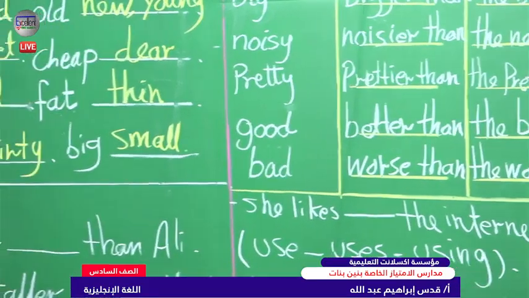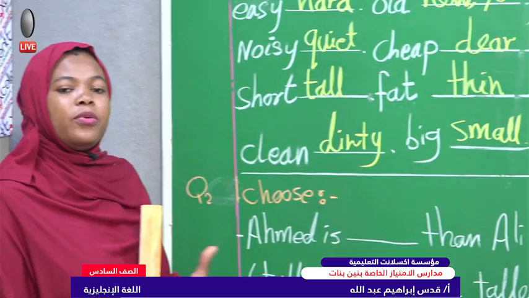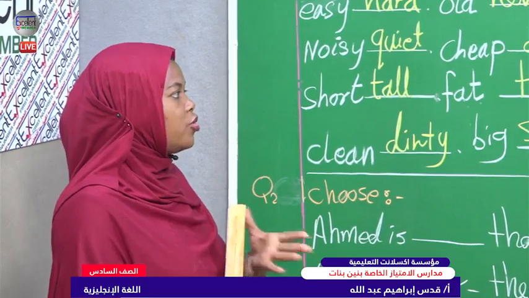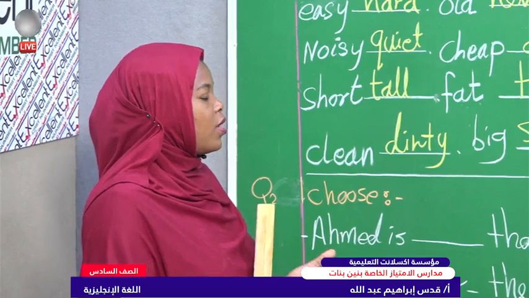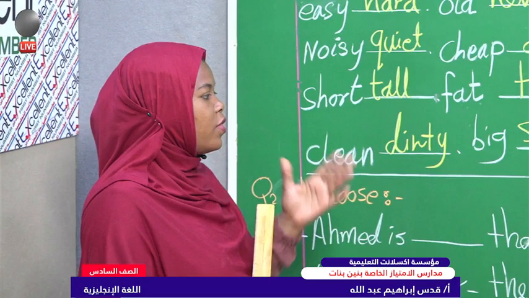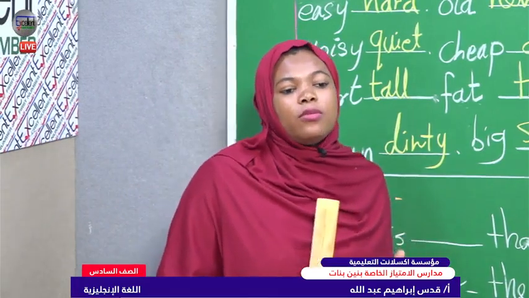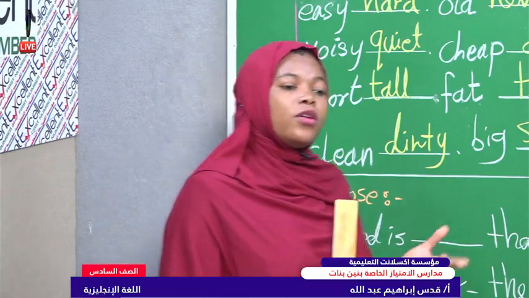Okay, how can I form a sentence in a comparative form? أو كيف أقارن؟ For example, I want to use the adjective good. I have ways to travel and ways to communicate. You remember that lesson? This is the first lesson in unit 8. Ways to travel and ways to communicate.